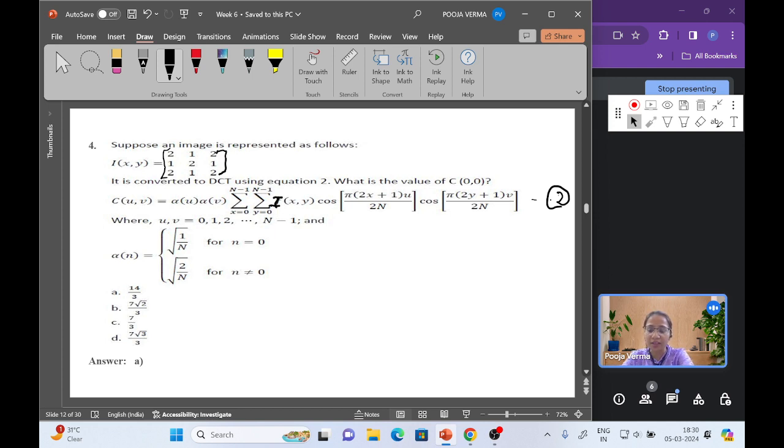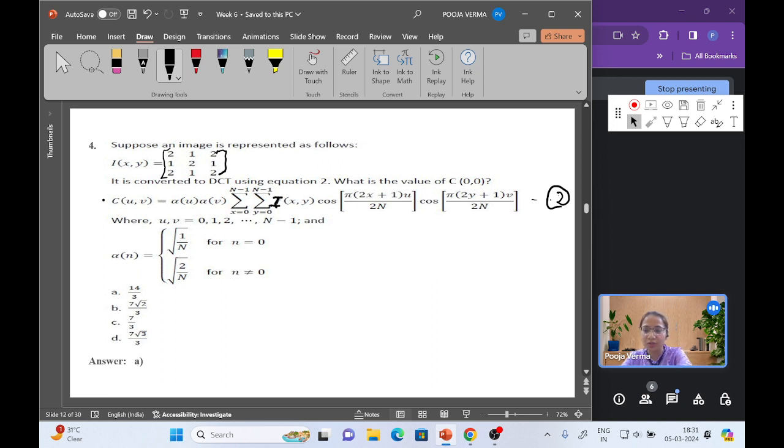And the equation is represented as C(u,v) is equal to alpha(u) alpha(v) summation x varies 0 to n minus 1 and summation y also varies 0 to n minus 1, I(x,y) cos of pi(2x plus 1)u divided by 2N, cos of pi(2y plus 1)v divided by 2N.